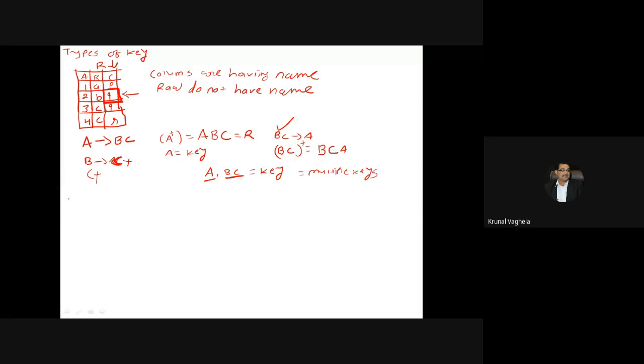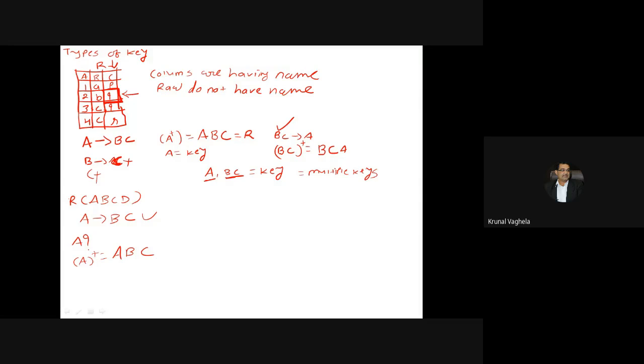Let me give you one more example. If there is a relation ABCD and there is a functional dependency from A to BC, I want to tell you whether A is my key or not. So I will find A's closure: A. From A I can find BC.